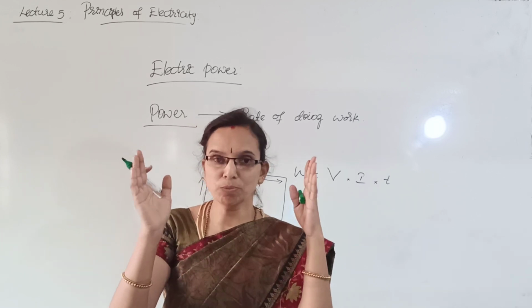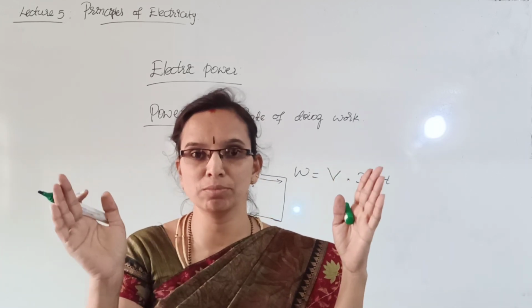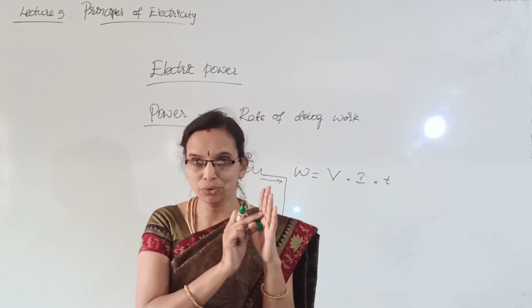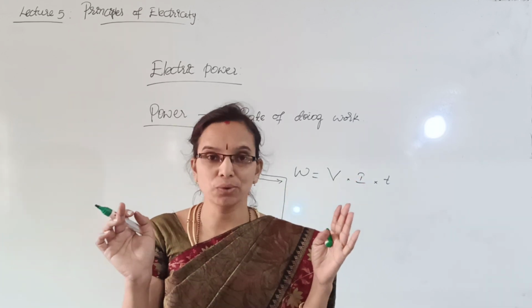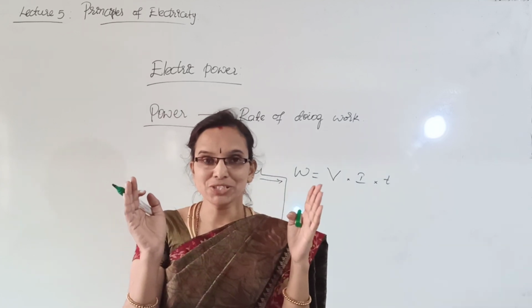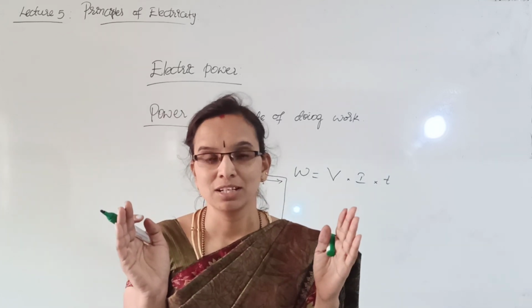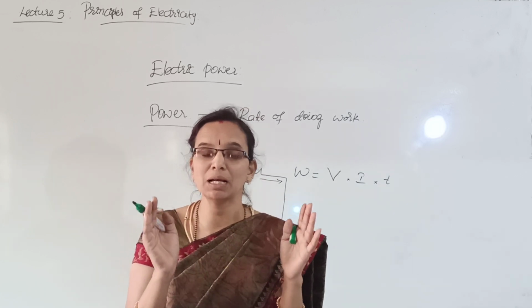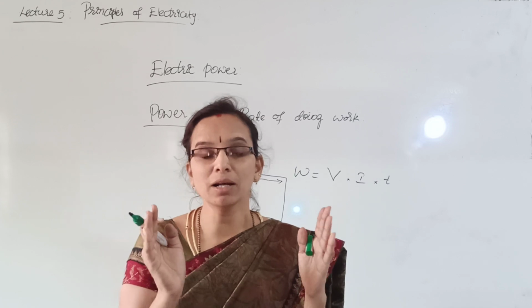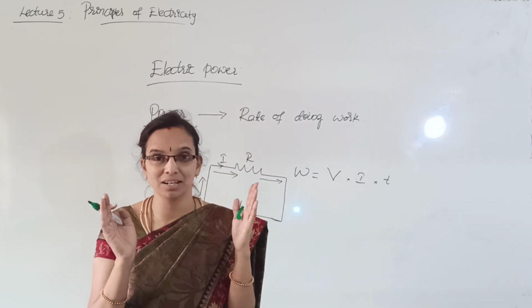That means two points at the same potential means there is no charge flow, and in the same way, there is no current flow. Electric potential should be varied, then only charges will flow. That will be done by applying external voltage or potential difference across the conductor.